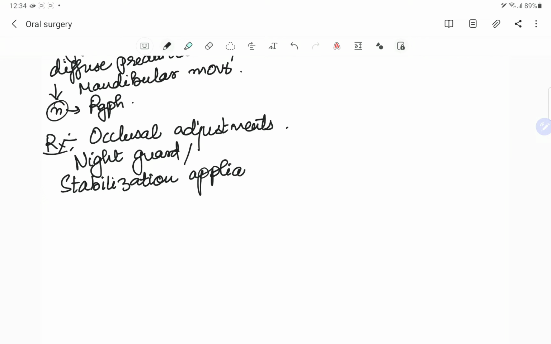This appliance covers all the teeth of the one arch. This is to relax the muscles of mastication so that we protect the teeth from bruxism. If a person is doing bruxism or clenching the teeth, we need to stabilize the TMJ, redistribute the forces, and basically relax the muscles of mastication. How do we do that?